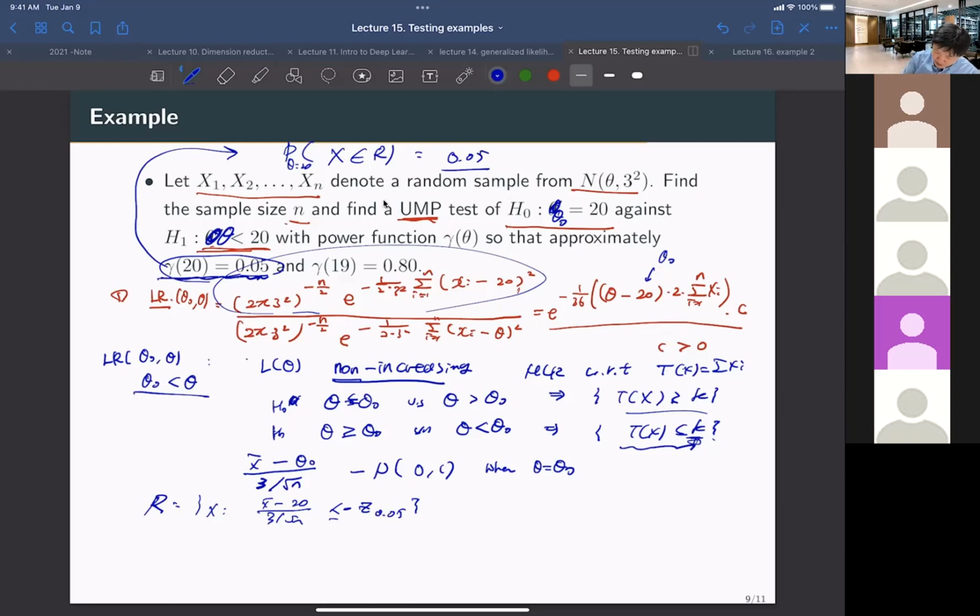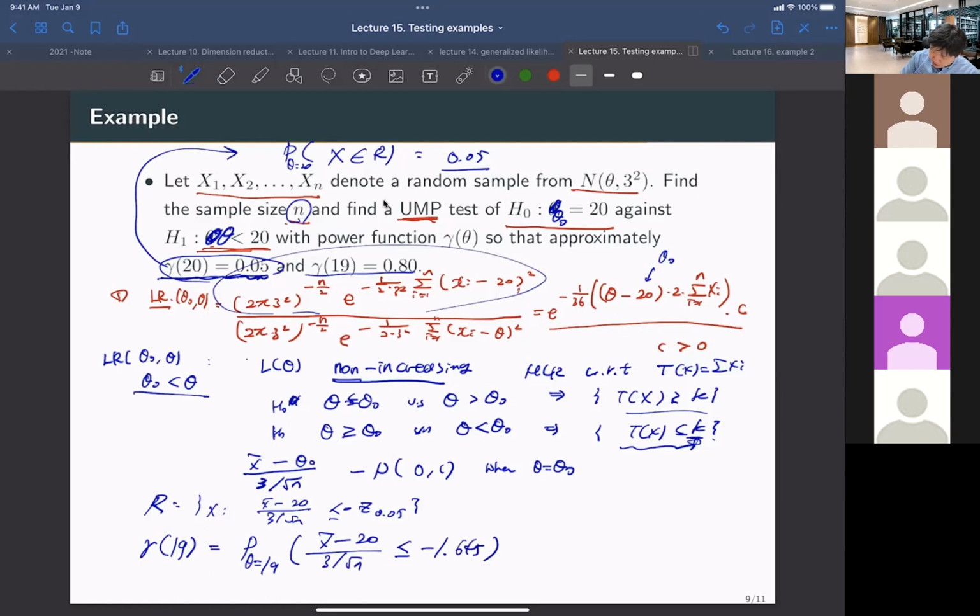So this is our rejection region. And next, let's find the size n that satisfies this. So gamma of 19 is the probability, when theta equals 19, of rejecting the null hypothesis: x bar minus 20 over 3 over square root of n is less than or equal to negative z 0.05, which is negative 1.645.